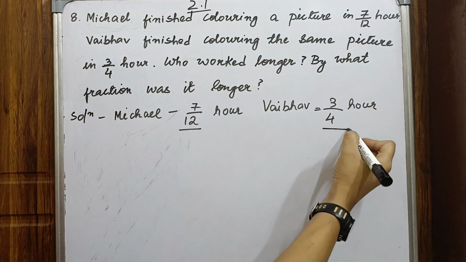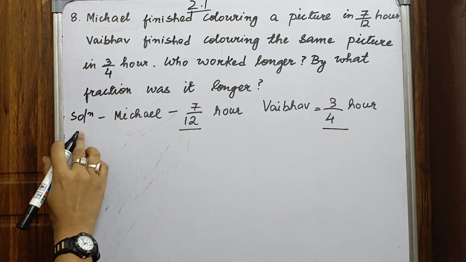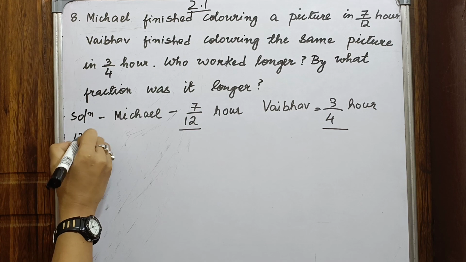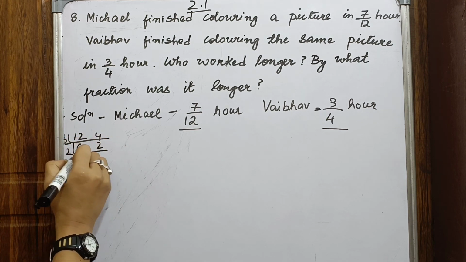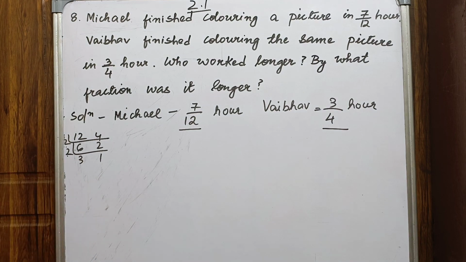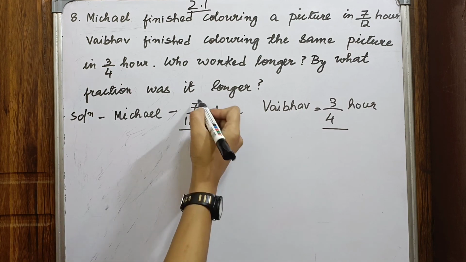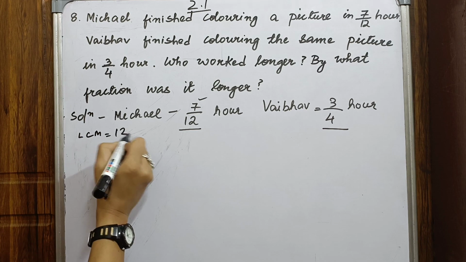7 by 12 hour, 3 by 4 hour. The denominators are 12 and 4. The LCM of 12 and 4: 2 6s are 12, 2 2s are 2, 3. So 2 2s are 4, 4 3s are 12. So 12 is the LCM of both. Now we'll do this. LCM is 12.